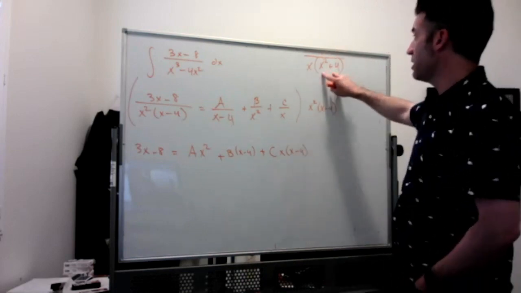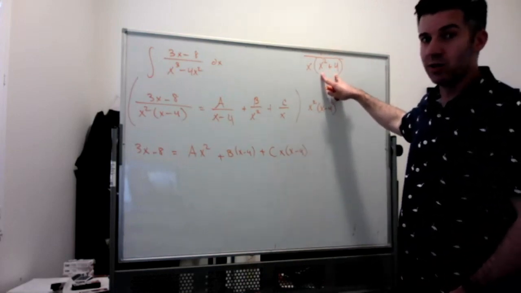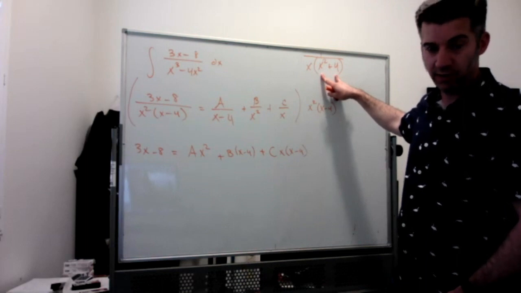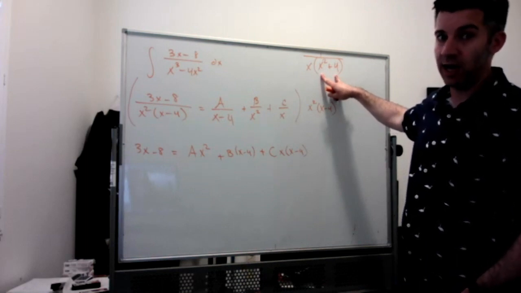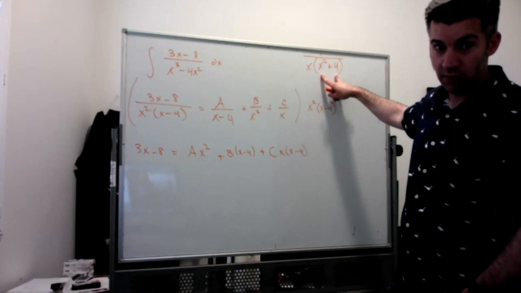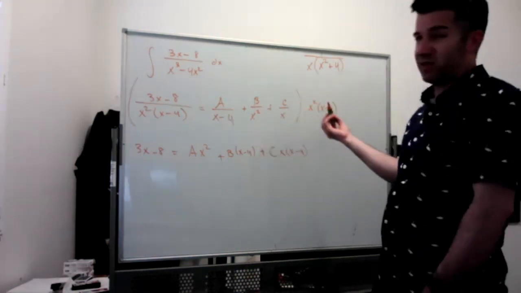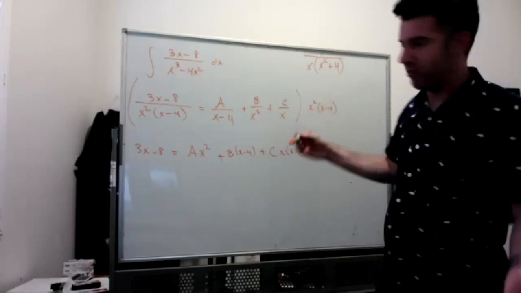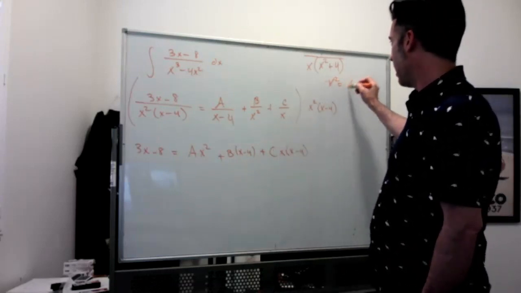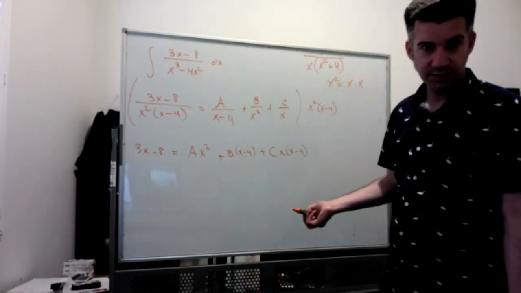That's called an irreducible quadratic factor, meaning it's a factor and you cannot factor it further. But x squared is already factored. X squared is just x times x. Oh yeah, that is linear.